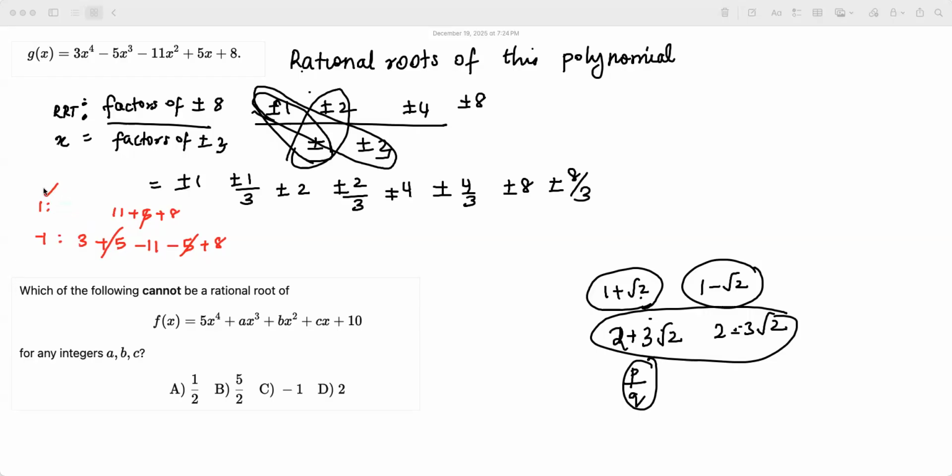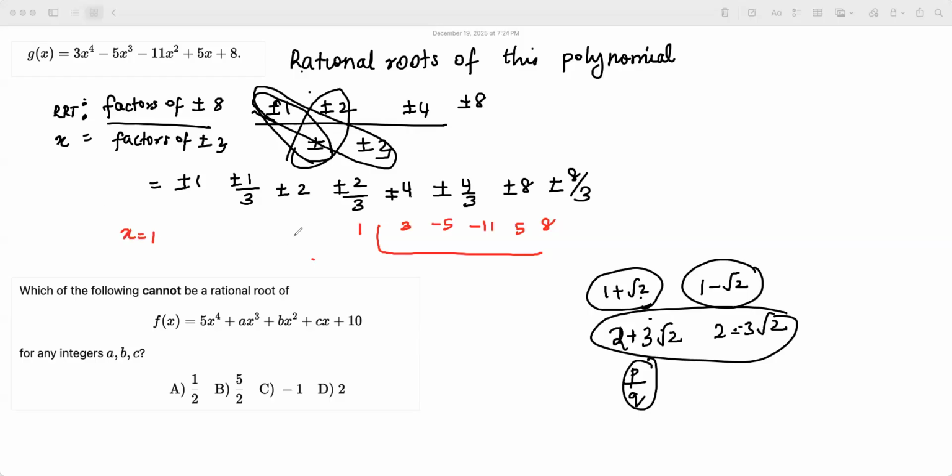So we'll do with 1. Let me erase this off. Let me go with 1. 3, minus 5, minus 11, 5, 8. x was equal to 1, right? So x minus 1 is a factor. So 3, minus 2, minus 13, minus 8, remainder 0.